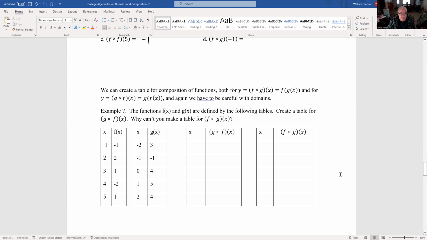So we can put together compositions, right? G composed with f of x, that means we're going to start with x and find f of x, and then we'll take that output and put it in here.